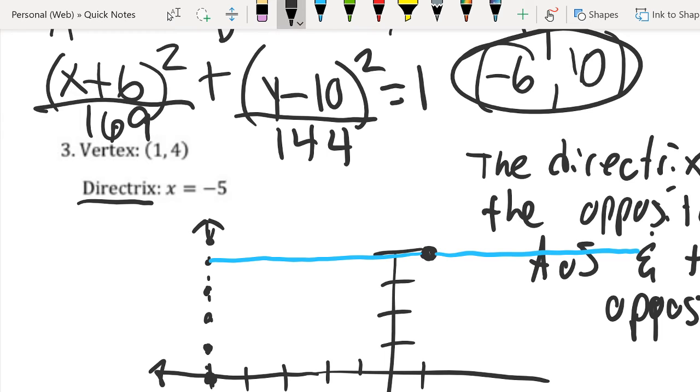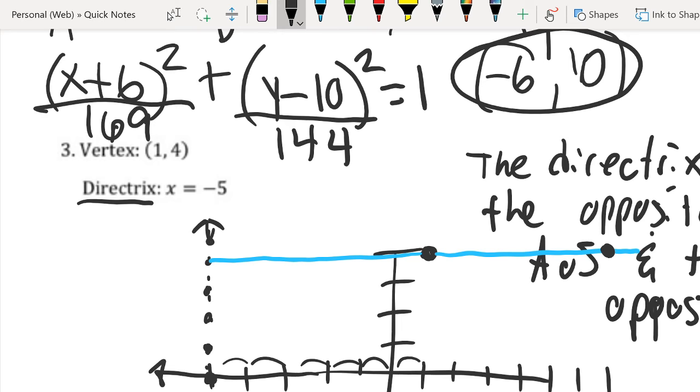So I need to go 1, 2, 3, 4, 5, 6 spaces to get to the directrix. So I go 6 spaces to get to the focus. 1, 2, 3, 4, 5, 6 spaces. So it's going to be right here. There's our focus, and that matters because we actually need to know what the focal length is.